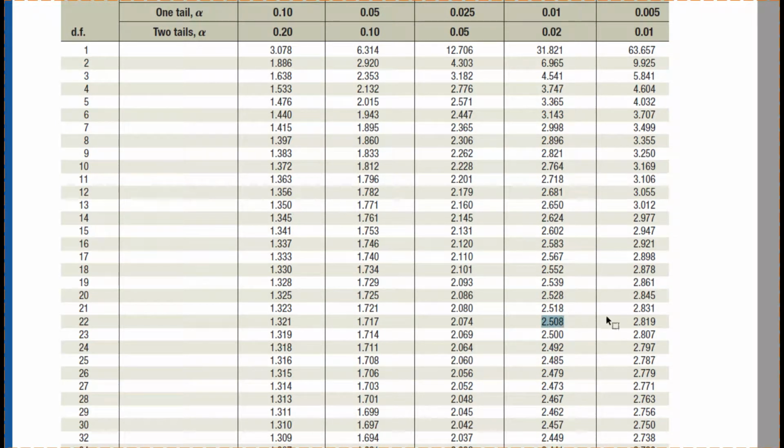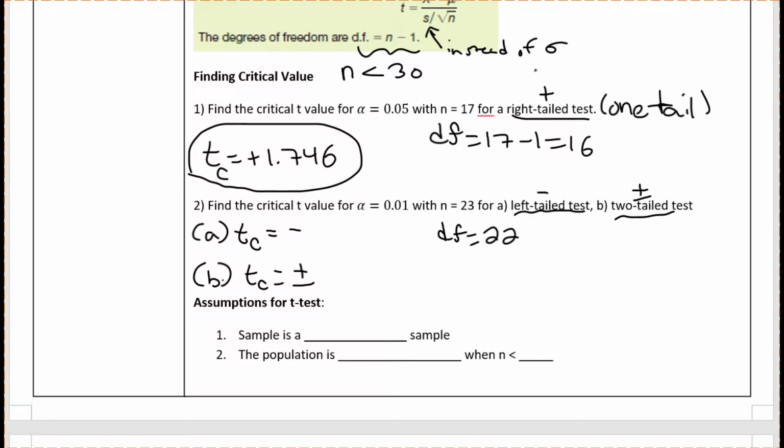Basically, see how these two values change slightly: 2.508, 2.819. All right, and those are your critical values. It's pretty straightforward to find from the table.